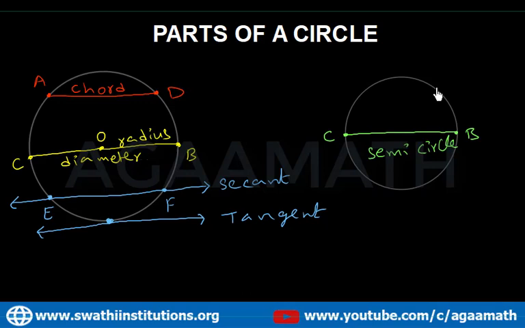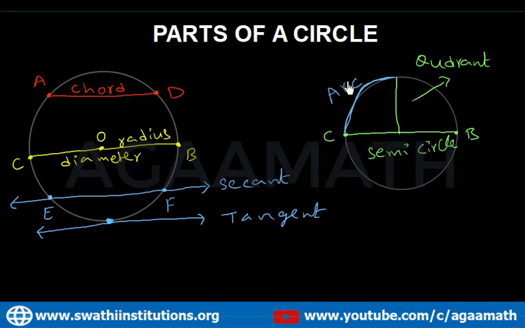And now the same semicircle I divide into 2 more equal parts. Then each equal part is called a quadrant. Okay. Now the curved part of the circle, if you take this curved part, is called an arc.